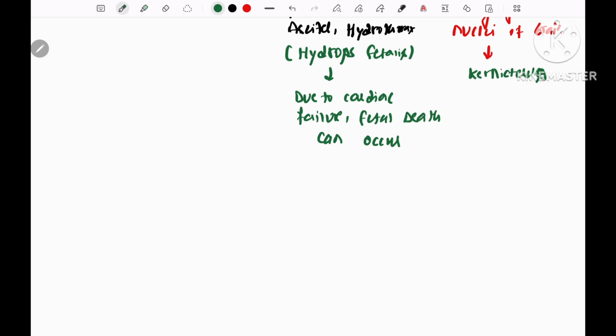Now I want to ask: does this occur in the first pregnancy? No, this does not occur in the first pregnancy. Does it occur in the second pregnancy? Yes, it can happen.